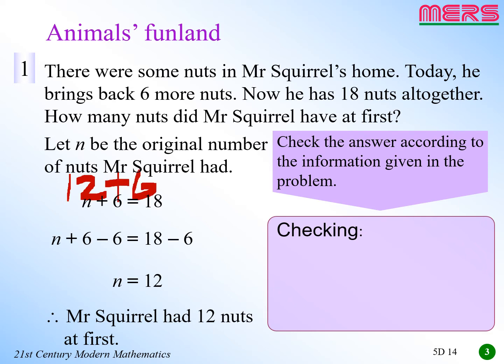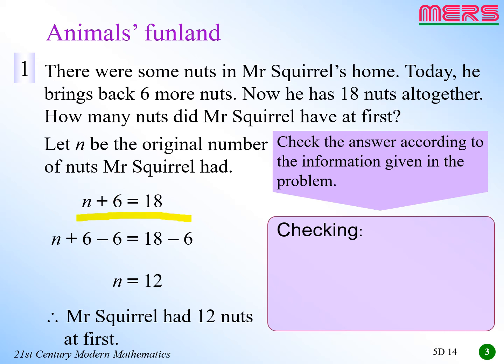So 12 plus 6 is 18. It satisfies what the question mentioned, that now he has 18 nuts altogether. So when you are doing the checking, you simply put 12 into n to see if it equals 18.